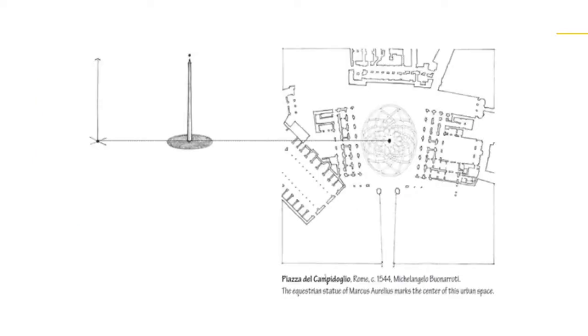Another example is the Piazza di Campidoglio in Rome by Michelangelo Buonarroti. The equestrian statue of Marcus Aurelius marks the center of this urban space. This is very prevalent in architecture and in urban planning when you are trying to establish a landmark or a point of reference for wayfinding, and also for historical events.